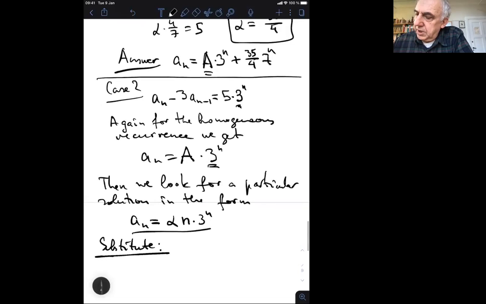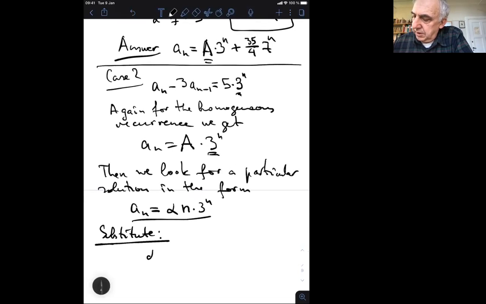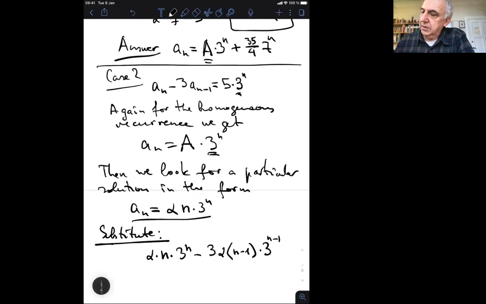What do we get? We have now alpha n 3 power n minus 3 alpha. Now we have n minus 1 times 3 power n minus 1 should be equal to 5 3 power n, question mark.